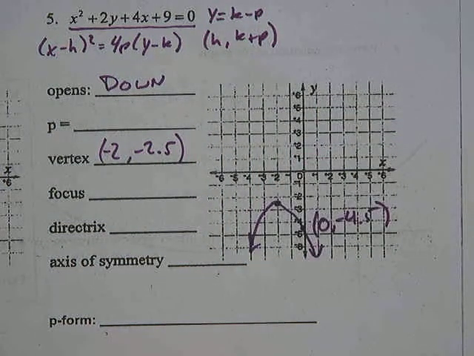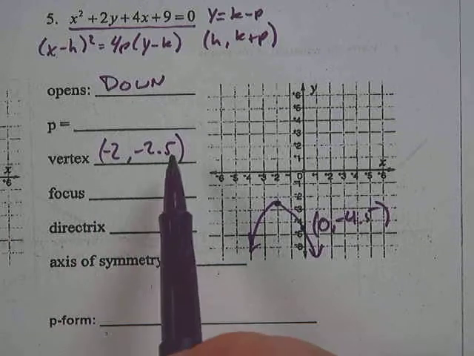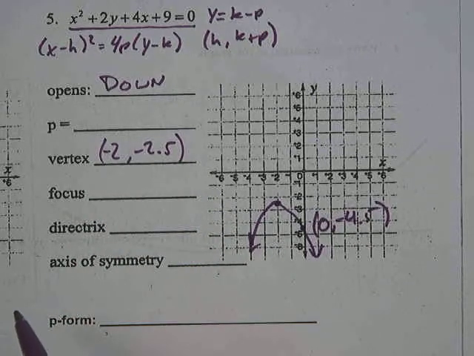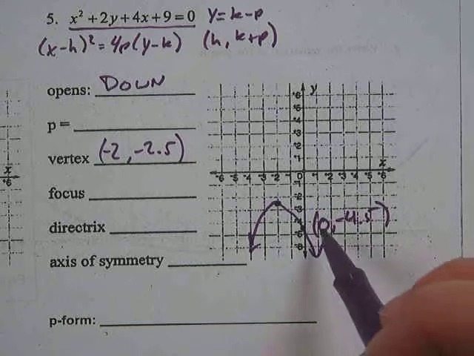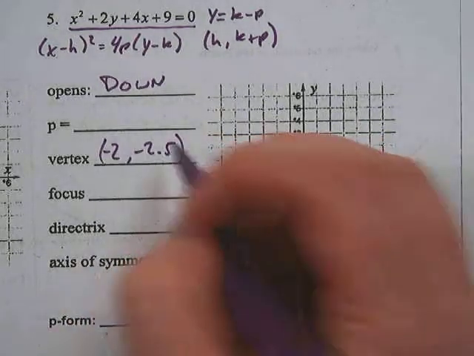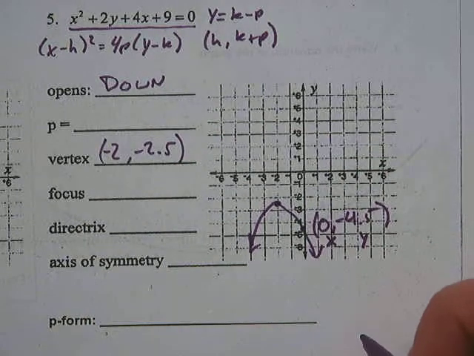Okay. So this is where knowing our vertex and knowing this other point become important. So we can take our vertex, h, k, and plug that in. And we can also take this point, and we're going to plug that in for x and y. So here's h and k, here's x and y, and we're going to use all of that to solve for p.